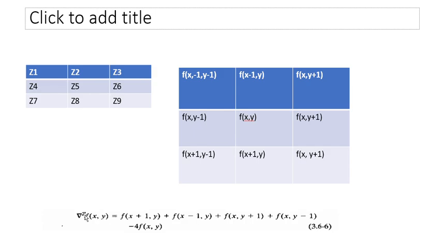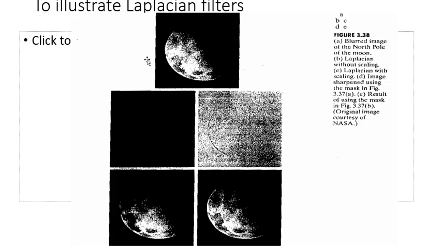And delta square f of x comma y is equal to f of x plus 1 comma y plus f of x minus 1 comma y plus f of x comma y plus 1 plus f of x comma y minus 1 minus 4 into f of x comma y. This we have derived in the previous video also.